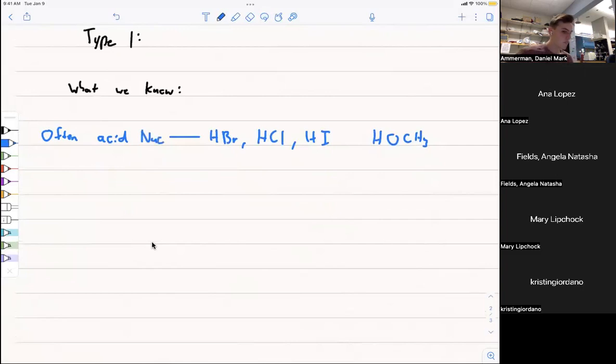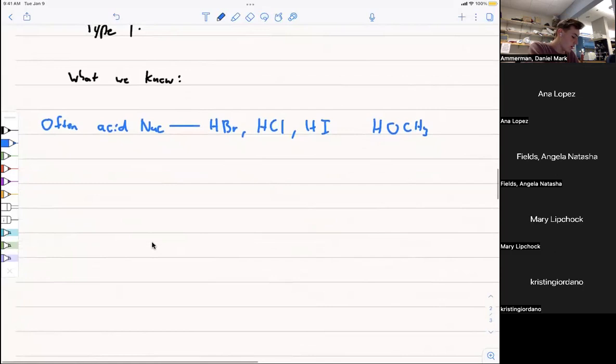The other things we're starting with, they go from electron rich to electron poor. Yeah, that's all that I have notes on it.